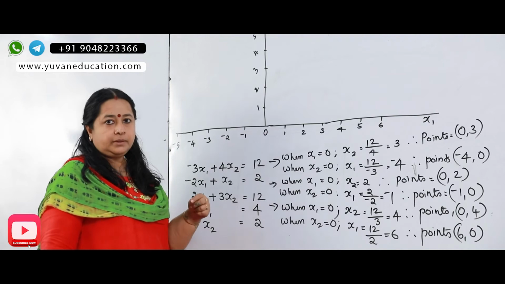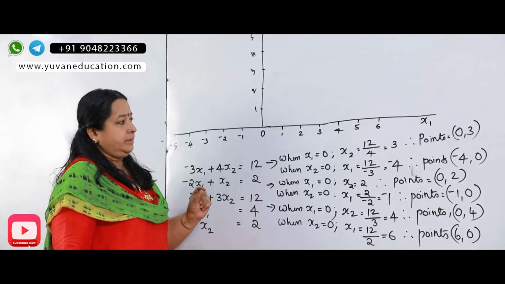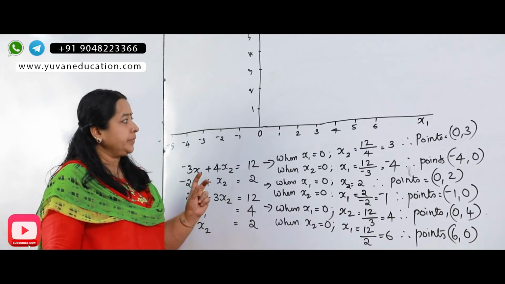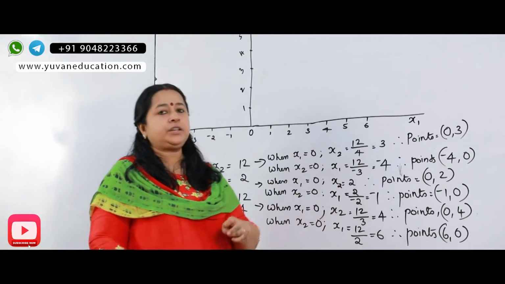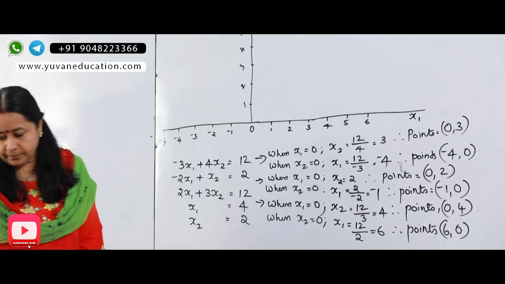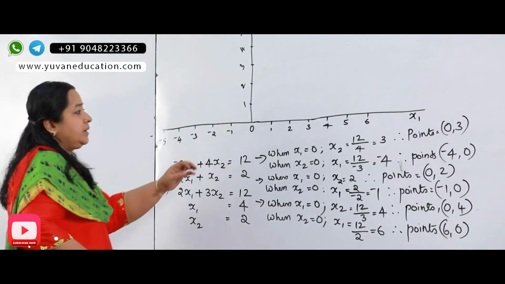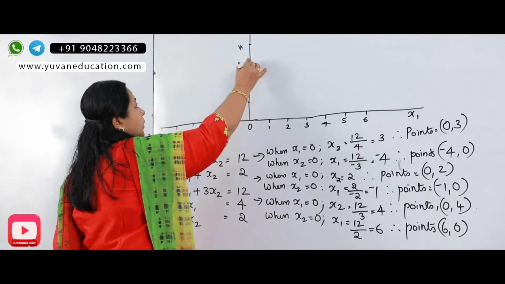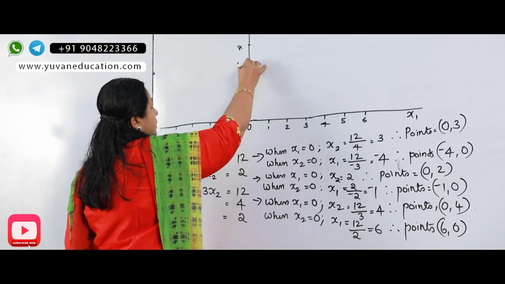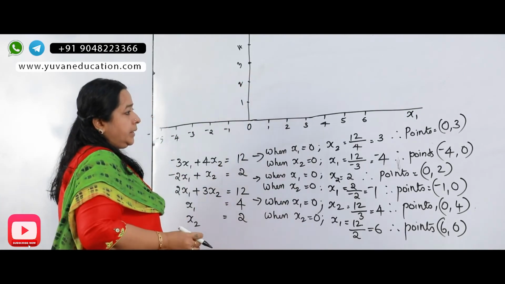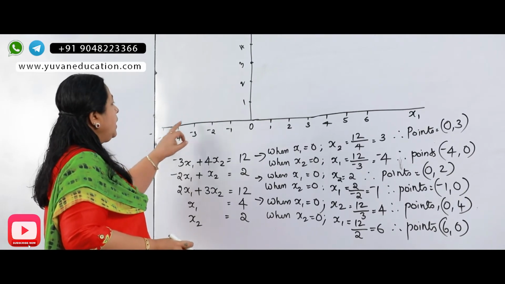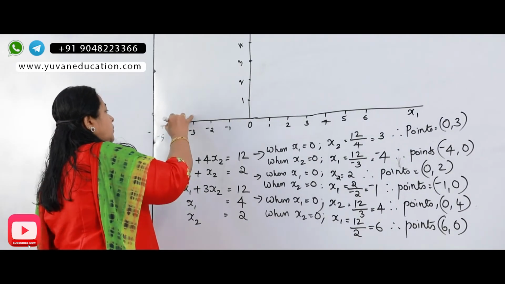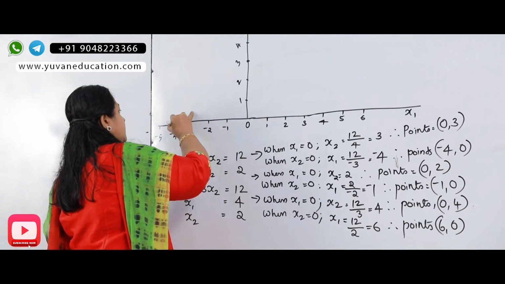We are plotting that also. Then, let us start. First of all, first constraint, first point, 0, 3. Okay, 0, 3. x1 0, x2 3. Its connection, x1 minus 4 and x2 0. So, here is the point.